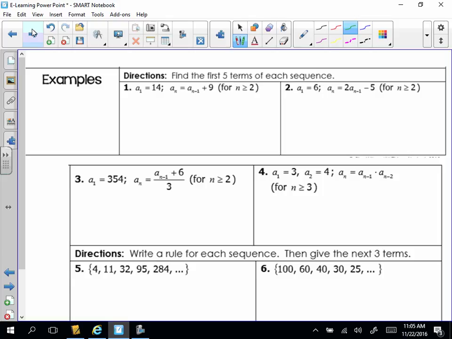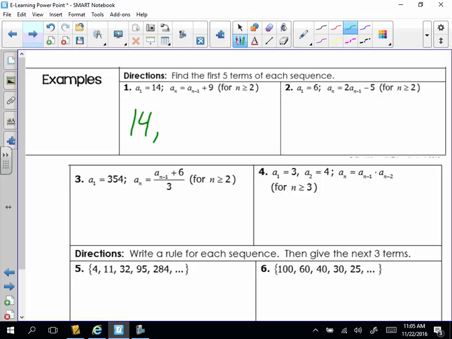So we're going to find the first 5 terms of each sequence. A sub 1 is 14. And our formula is going to be a sub n minus 1 plus 9. That n is greater than or equal to 2 is making sure our term is not a negative number. So if we look at this one, we're putting 14 as our first one.